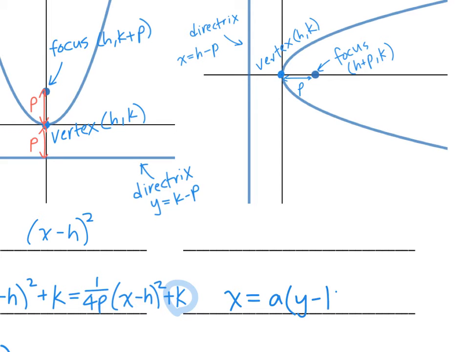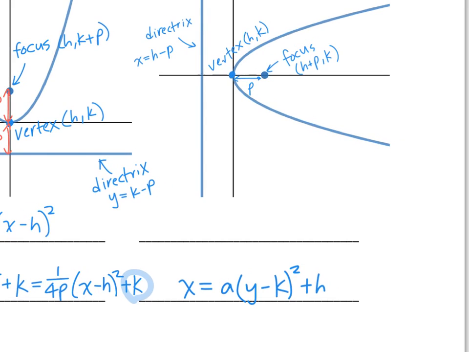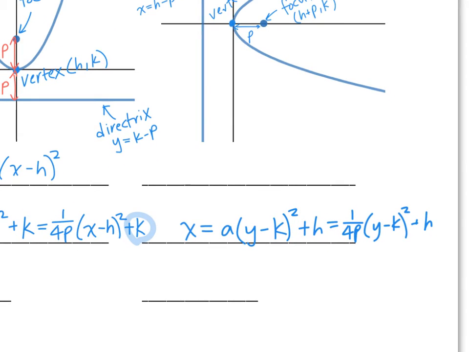Y minus K, yes. And then we can change it so that A is 1 over 4P, and then y minus k squared plus h. Okay, we did this already.